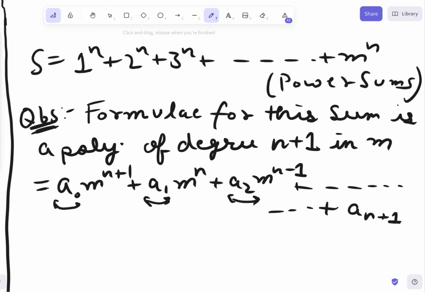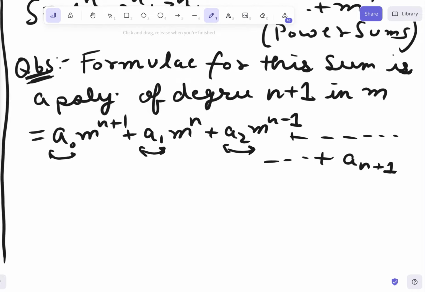Let's say we're trying to calculate the fourth powers, 1 power 4 plus 2 power 4, but we want to know the value of the sum for a very large number, let's say 1 million. So this becomes very easy because there are only n plus 1 terms. There are only 5 terms in the formula. So that's why it's better when we want to find the sum for a big M and let's say the n is not that big.